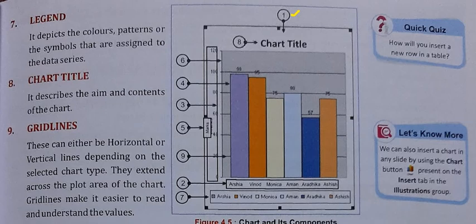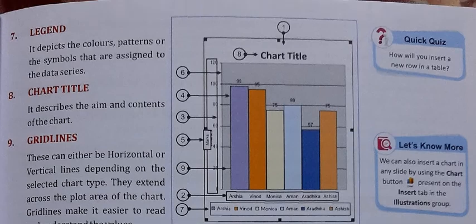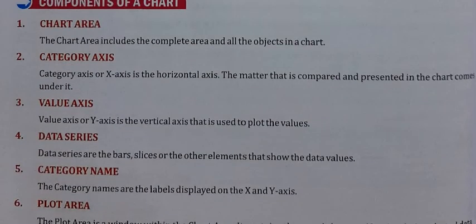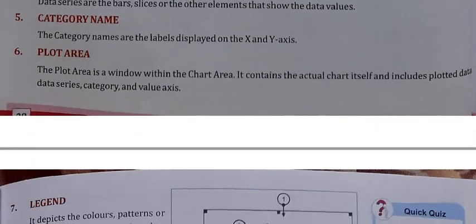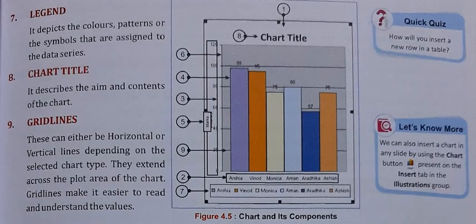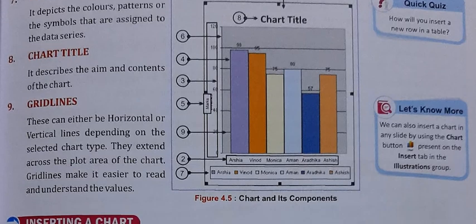Now next is data series. I am showing you the category axis and value axis. Data series is at the fourth number. Now this is the chart title, and next this is the x-axis and this is the y-axis.